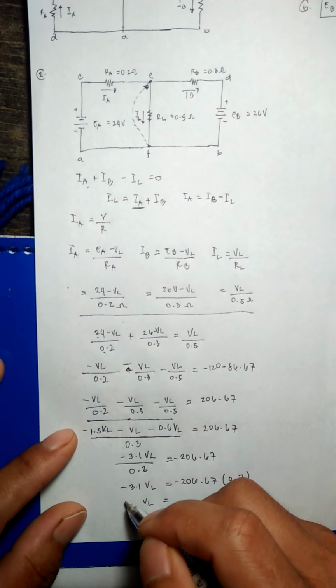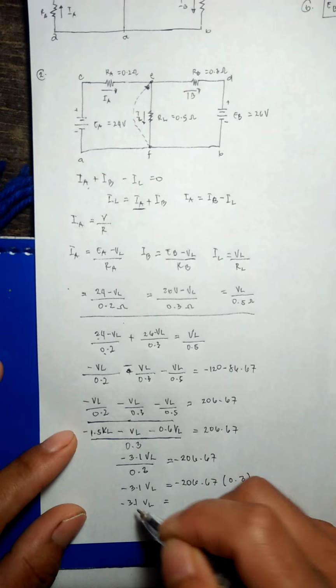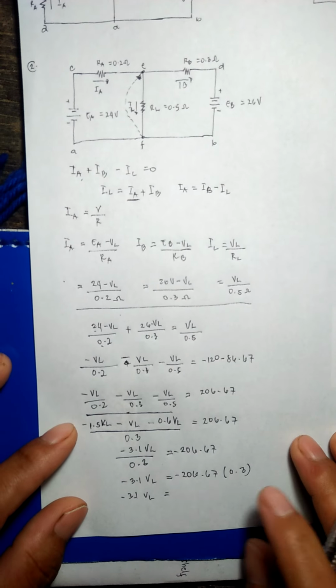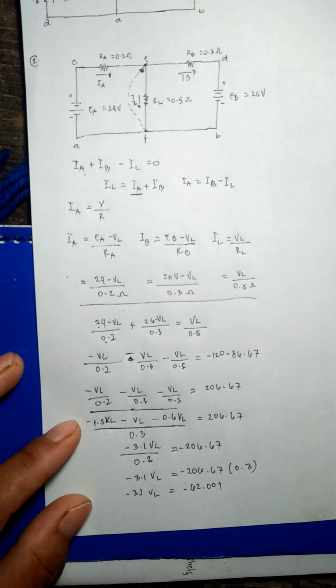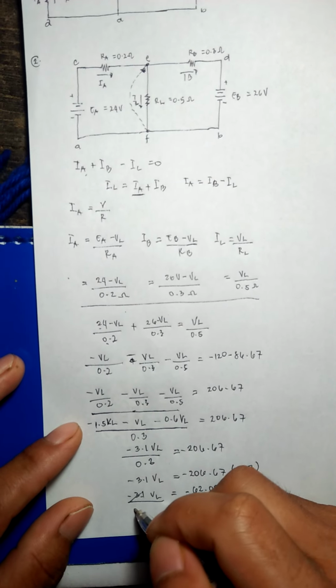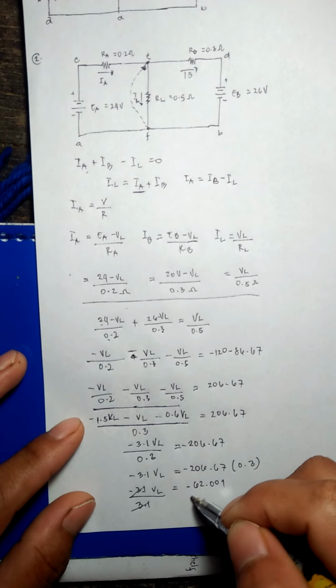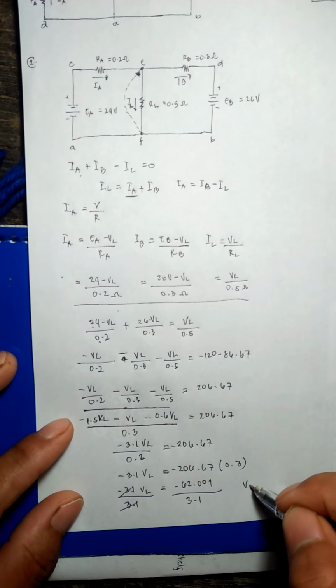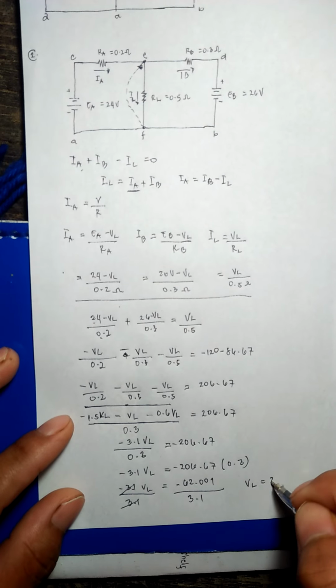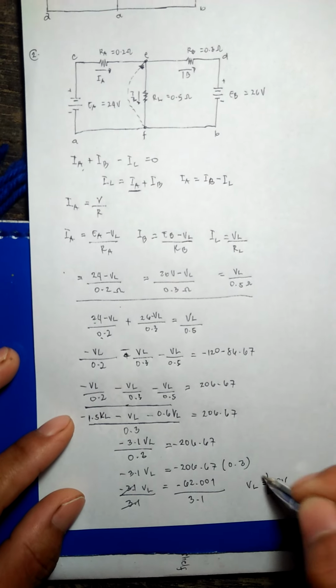So it becomes VL equal to negative 62.001. Then divide both sides by 3.1, so VL will be equal to 20 volts.